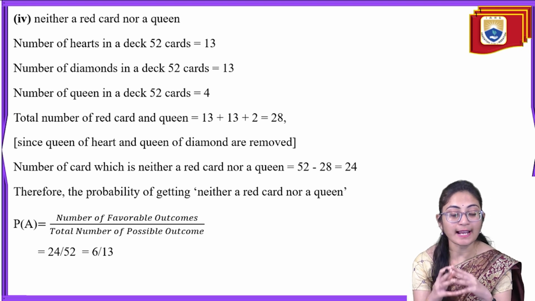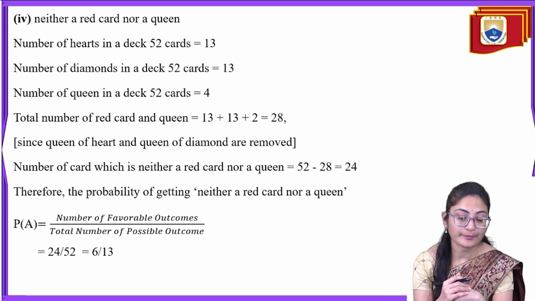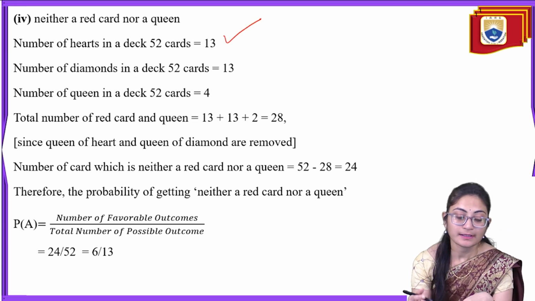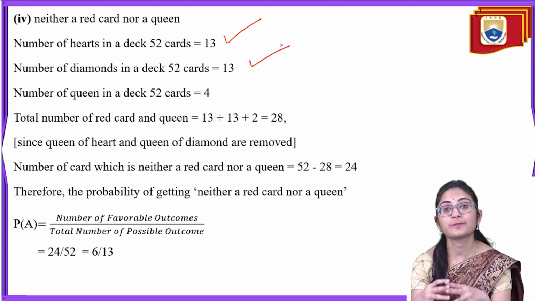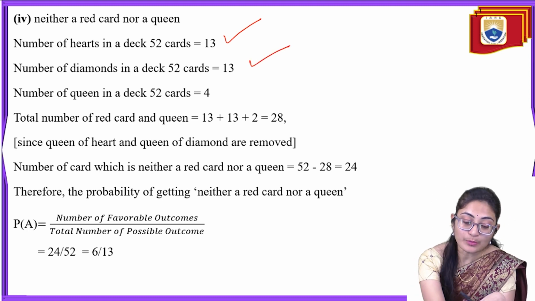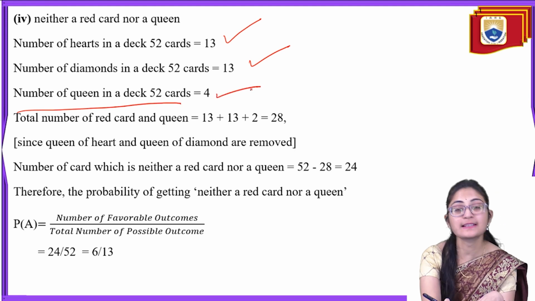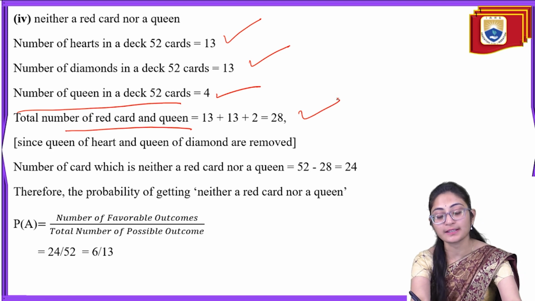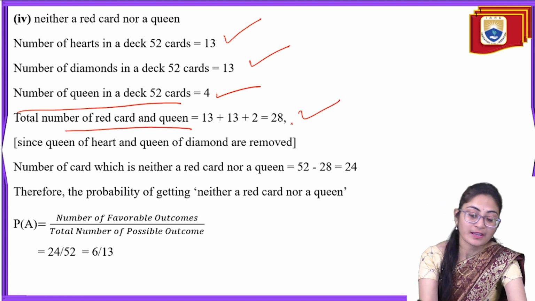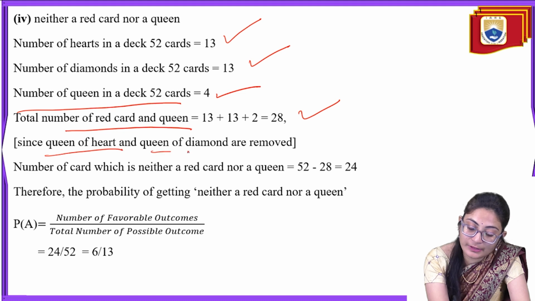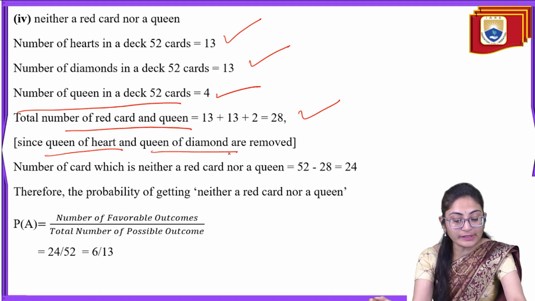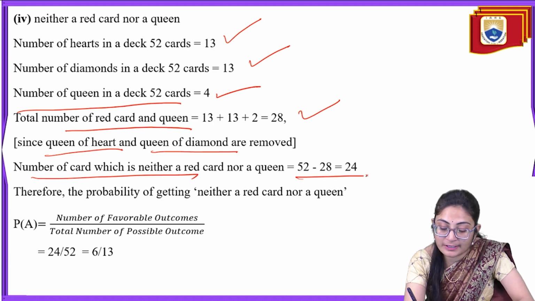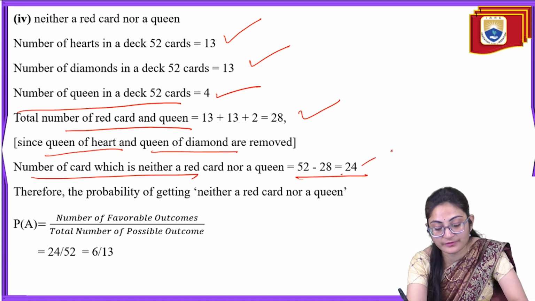Now the fourth one is neither a red card nor a queen. Number of hearts in a deck of 52 cards is 13. Number of diamonds in a deck of 52 cards is 13. The number of queens in a deck of 52 cards is 4. The total number of red cards and queens is 13 plus 13 plus 2, that is 28, since the queen of hearts and queen of diamonds are already counted. So the number of cards which are neither red color nor a queen is 52 minus 28, that is 24.